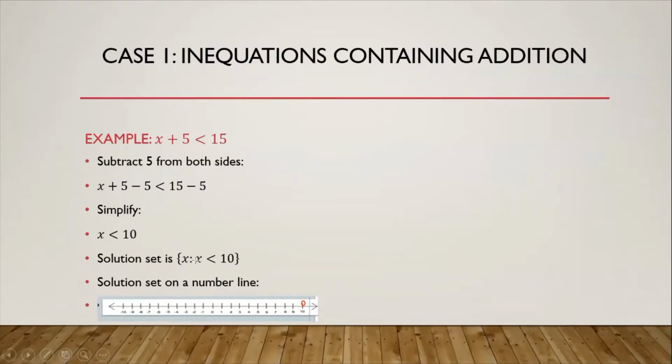It says x is less than 10. What are the values on this number line that are less than 10? We have 9, 8, 7, and so on. So the arrow should draw to the left. So this is how you should draw your arrow, and that's it. That's how you would represent your solution set on a number line, and you are finished.